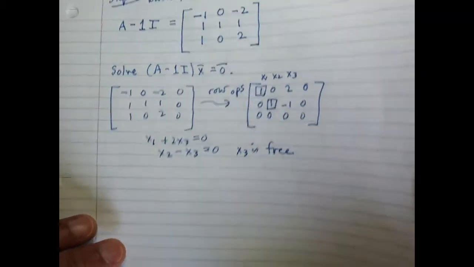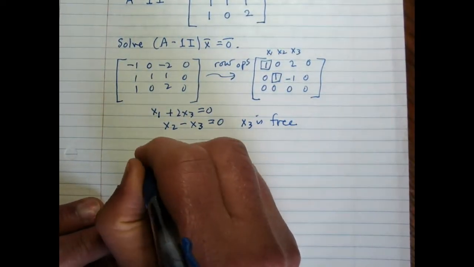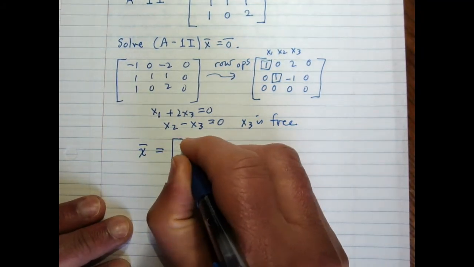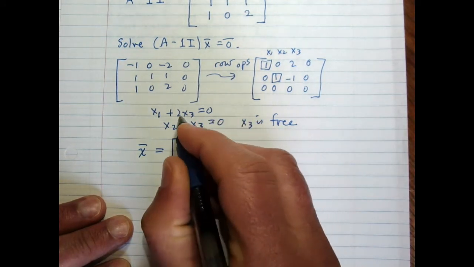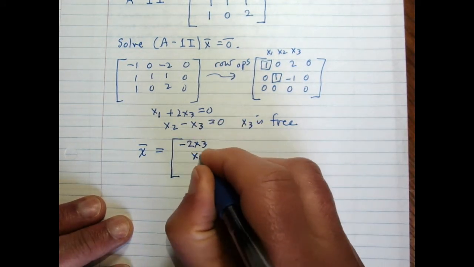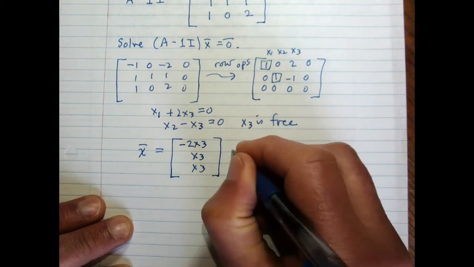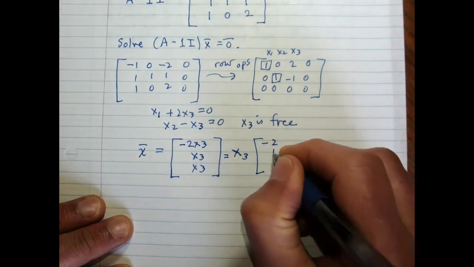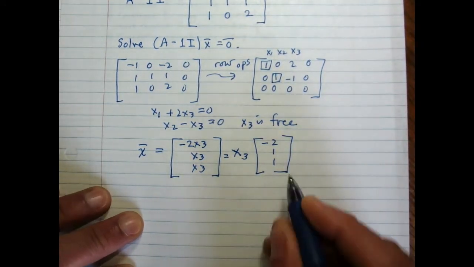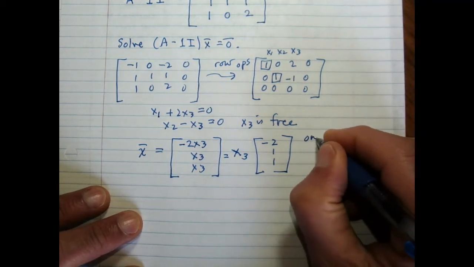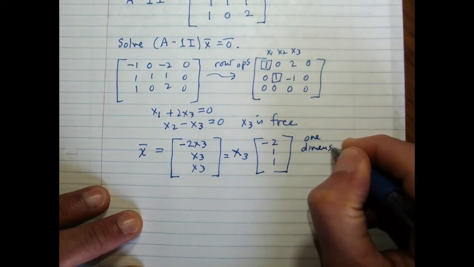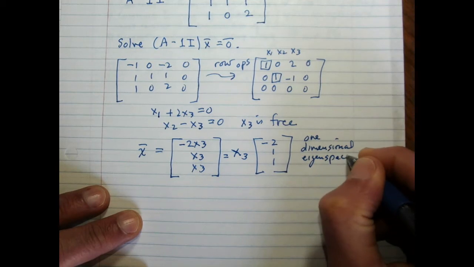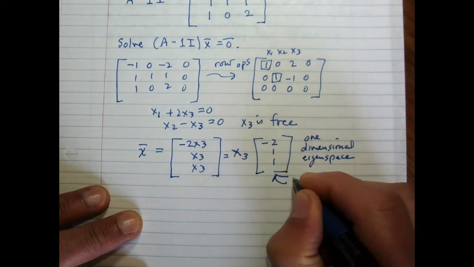And so my general solution is going to have the form minus 2x3, that's x1, x2 is x3, x3 is free. It looks like it has the form x3 times (negative 2, 1, 1). So it looks like we have a one-dimensional eigenspace, and there's our basis vector.